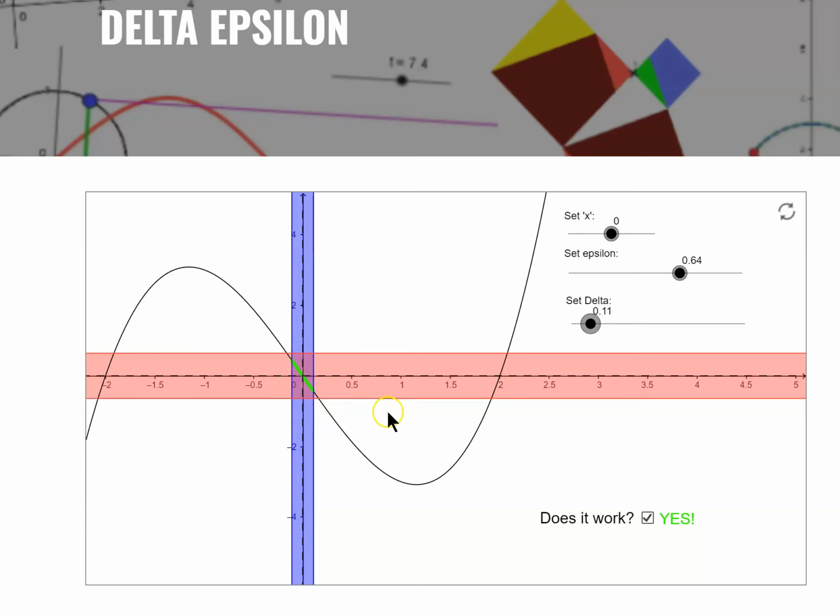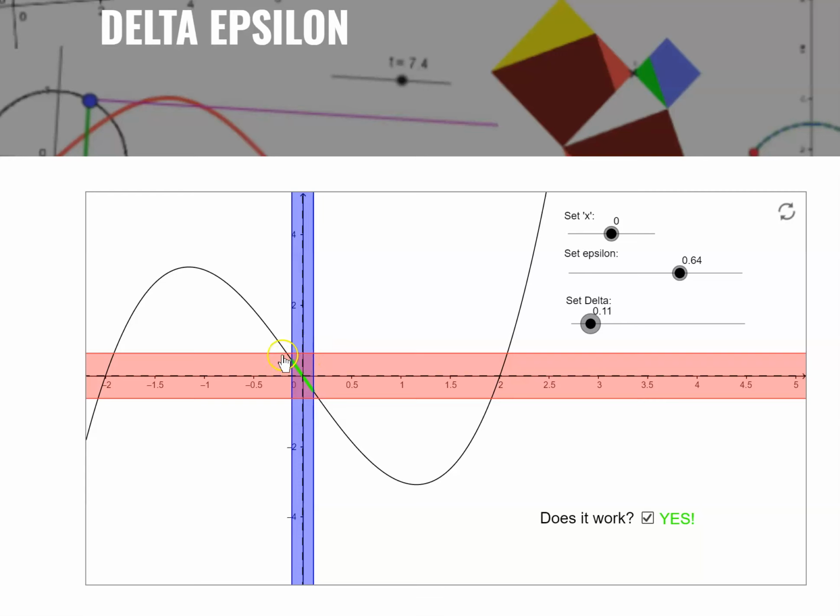Now in general, we want to find the largest value of delta that will produce y values between negative 0.64 and 0 plus 0.64.